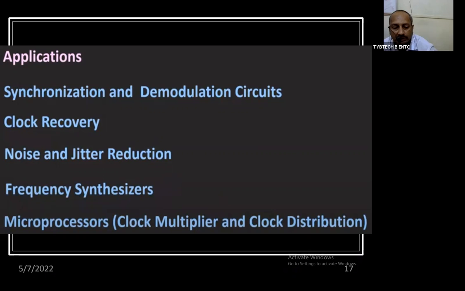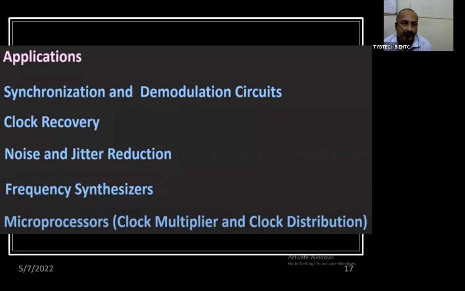That is, if the frequency is constantly at 100 kilohertz, and in between it suddenly goes to 1 megahertz, and then drops to 50 hertz, and again comes back to its original level. This type of jitter is not at all expected in communication, because it disturbs the communication, and you will not get the appropriate output.